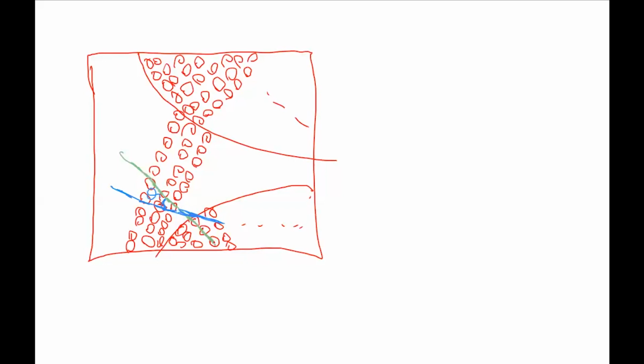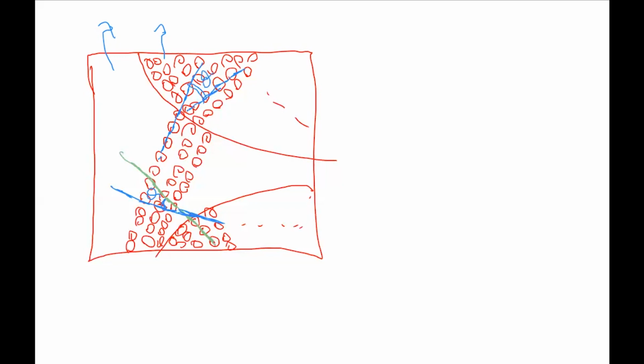Can anyone help me to calculate the misorientation angle between this grain and this grain? Any idea? So it is the same methodology, right? We will have this alignment and this packing, and the angle between them is the misorientation angle.